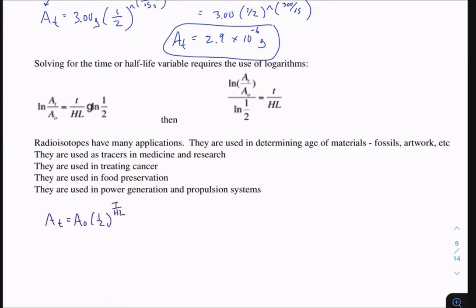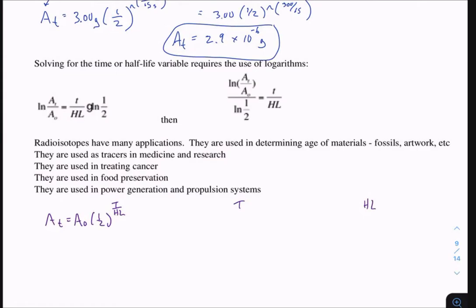My goal right now is to find time and half-life. I want to solve for those two variables. But the problem is they are in the exponent, and one of the purposes of logarithms is to find and isolate the exponential values.